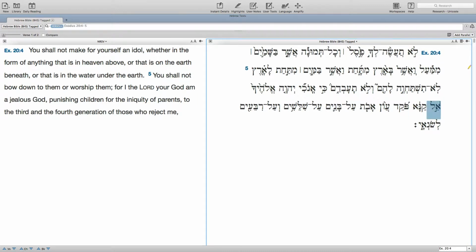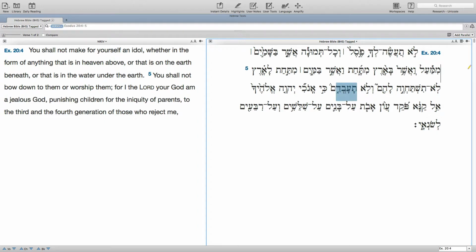So verse 5 in the Hebrew, lo, not, do not, tishtachaveh lahem, do not bow down to them, velo, and do not, and this is the word that's usually translated as do not worship them. The mem at the very end here is for them.